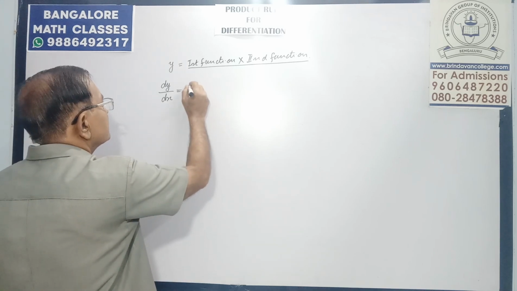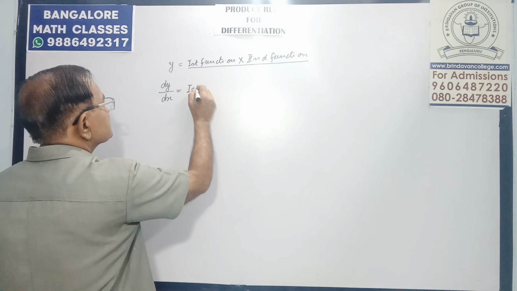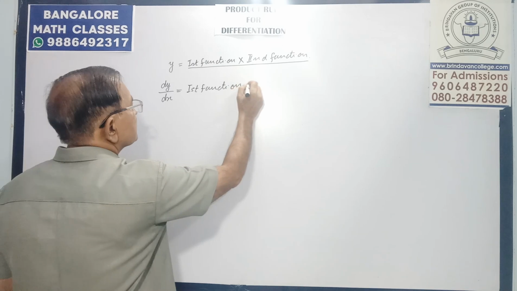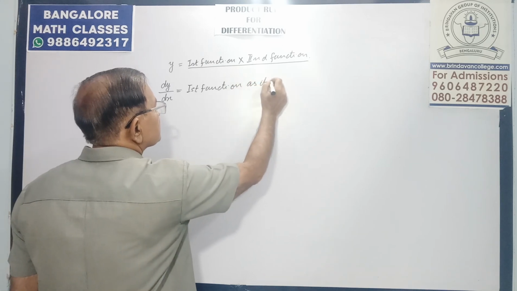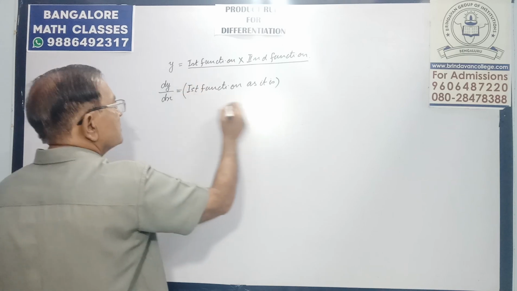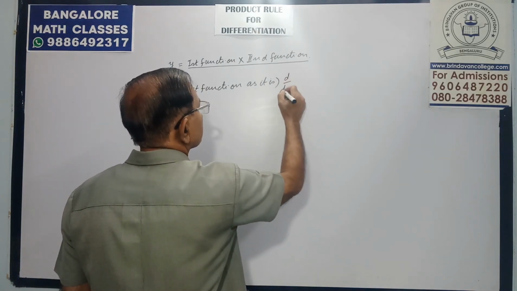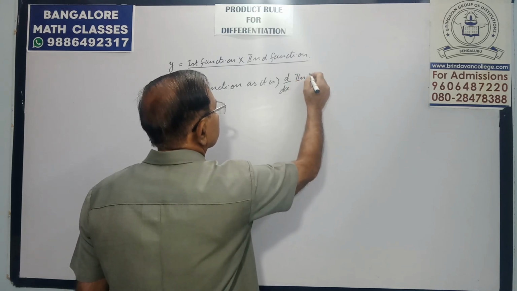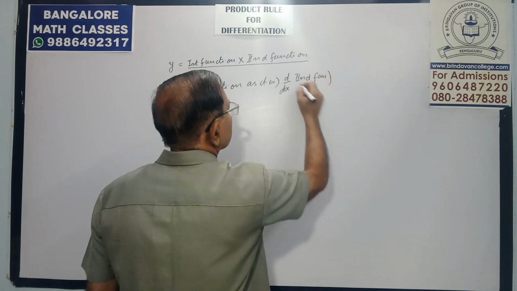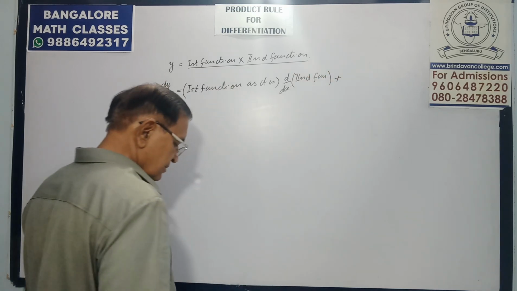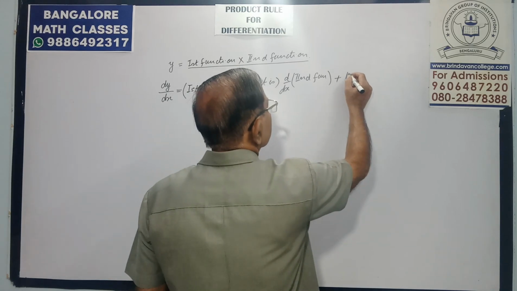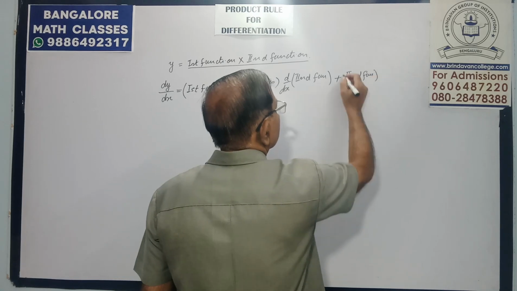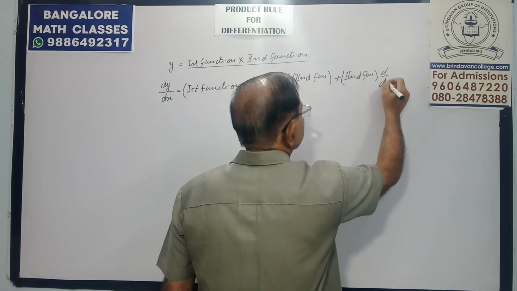You will learn it by saying: first function as it is, ddx of second, meaning the differential of the second function, plus second function as it is, ddx of the first.